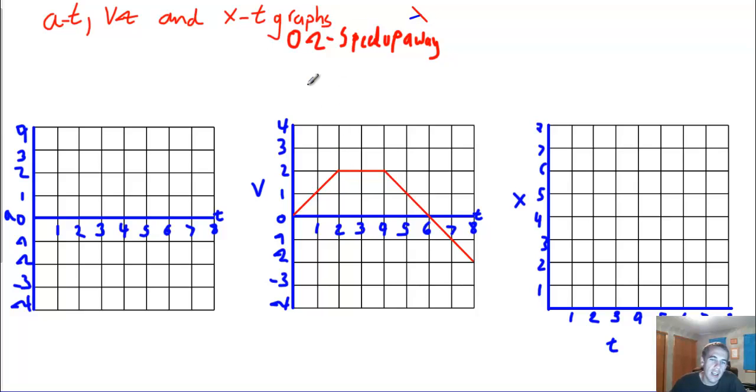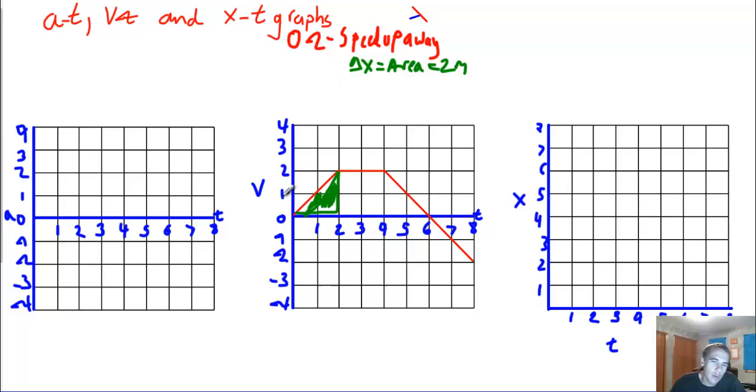If I take a look at the area underneath this, if I look at the area during this time interval, I can also find the change in position of the object, right? So I also know that delta x, change in position, is equal to area, and since that's a triangle, the area of that is 1/2 base times height, which is just 1/2 times 2 times 2, which is 2 meters.